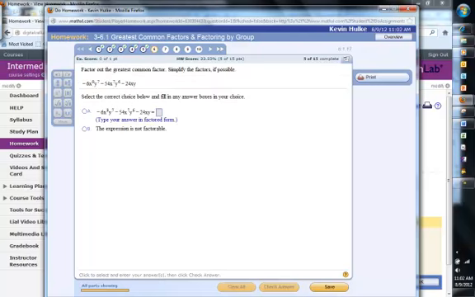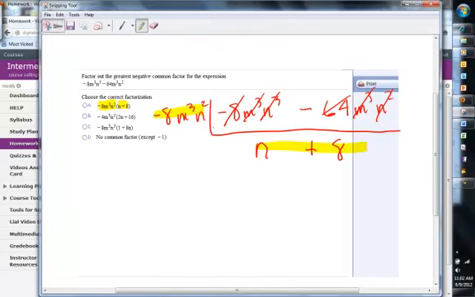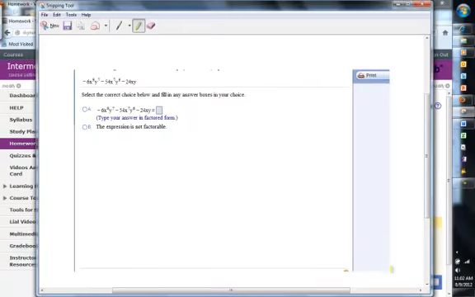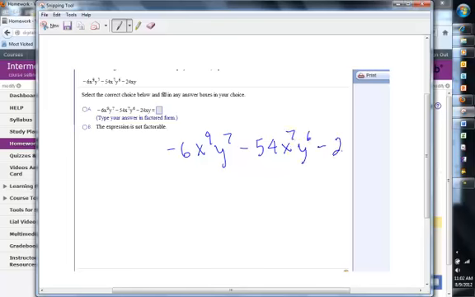Next one, factor out the greatest common factor again. Okay, so I'm going to change colors. I don't like that red so much. Negative 6 x to the 9th y to the 7th minus 54 x to the 7th y to the 6th minus 24 x y. Okay, the biggest number you can take out is 6, and let's make it a negative 6.